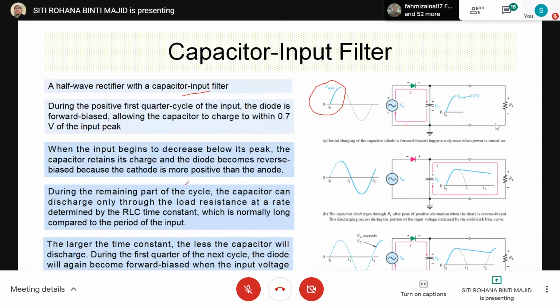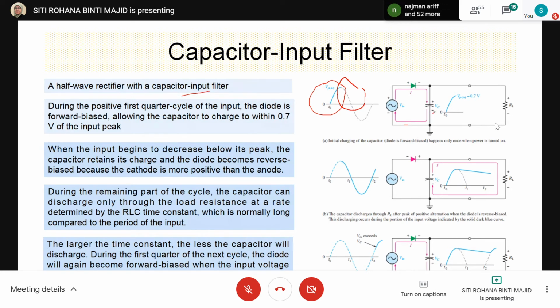And then when the input voltage decreases here, suppose it increases and then goes down, the voltage is also declining.